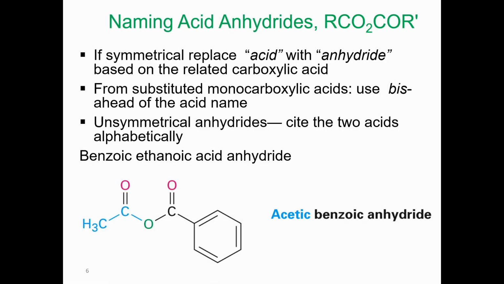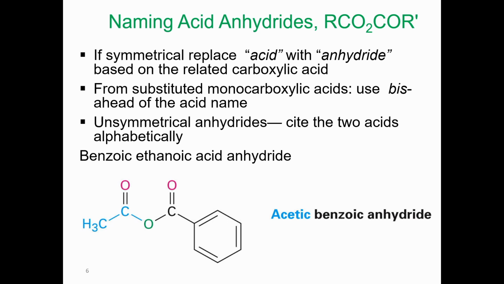To name anhydride, we talk about whether the anhydride is symmetrical or asymmetrical. Now, if the carboxylic acid that is being used to form this anhydride is symmetrical, meaning they are similar carboxylic acid, we are going to name this carboxylic acid and put anhydride.